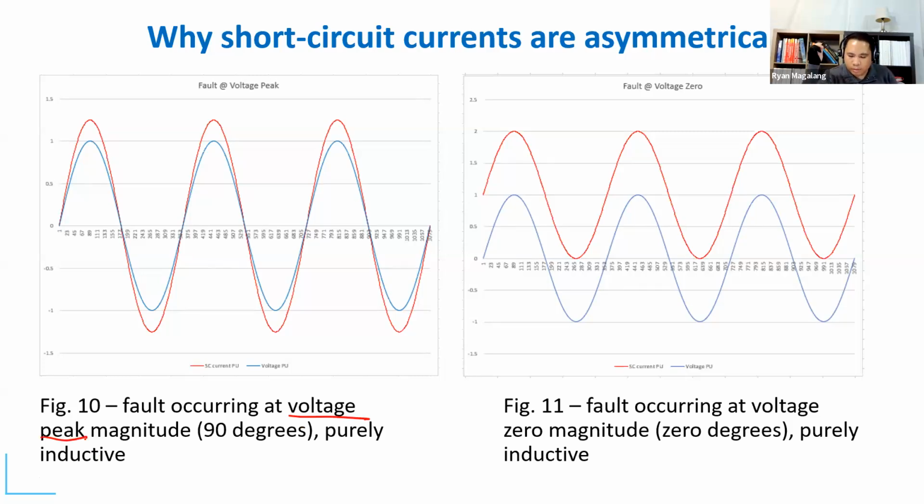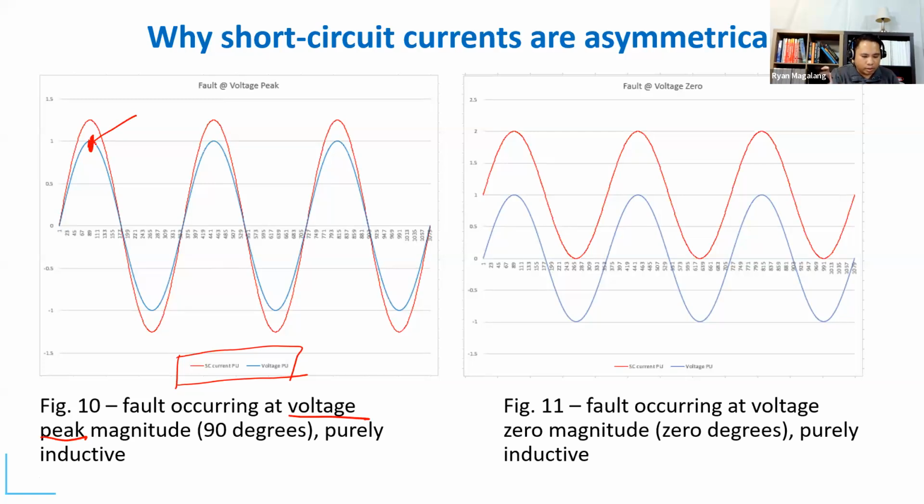So we know that for an inductive circuit, the current lags 90 degrees. So look here, the red one is your current, and the blue one is your voltage. If your fault occurred at a voltage peak here, the fault strikes there.